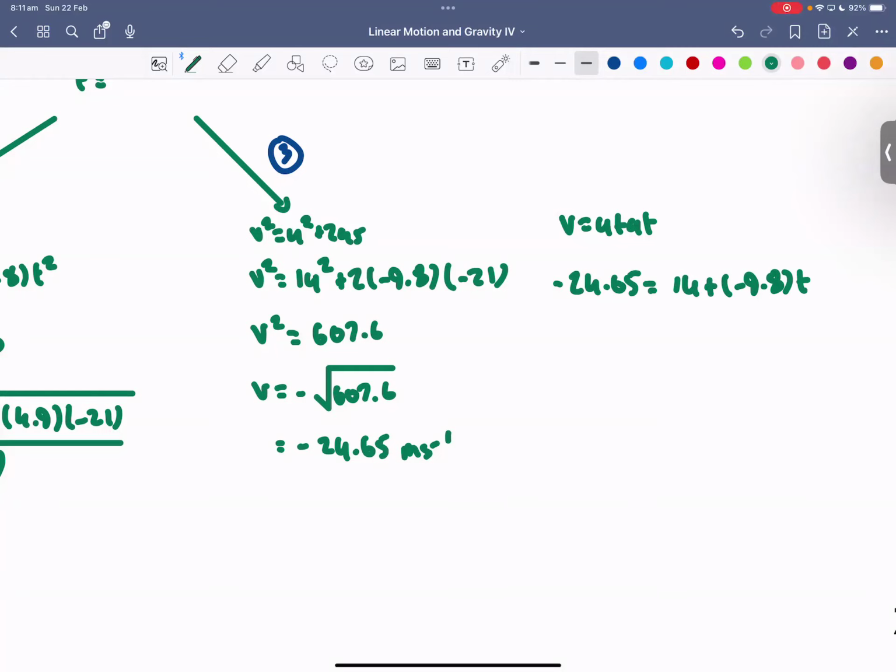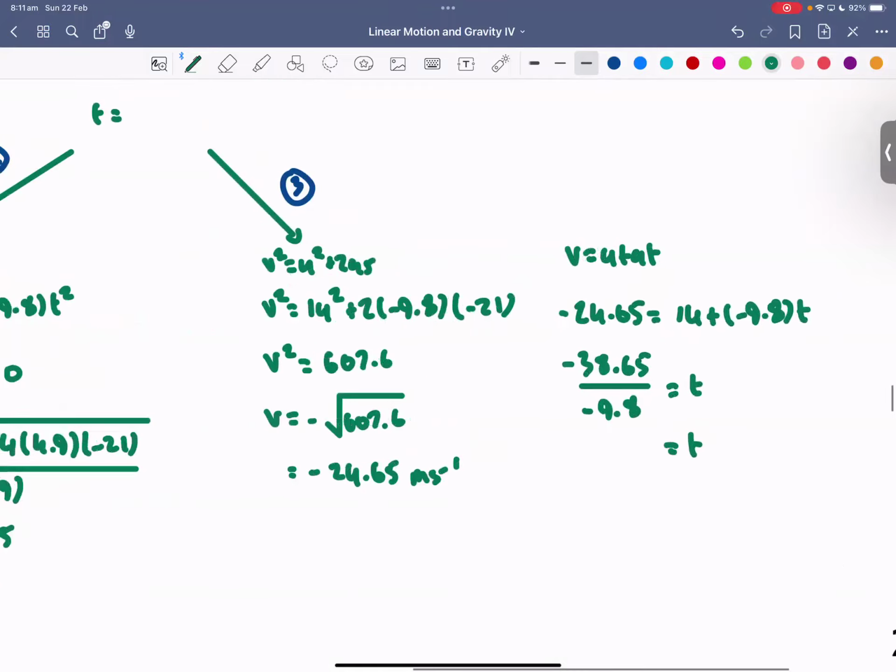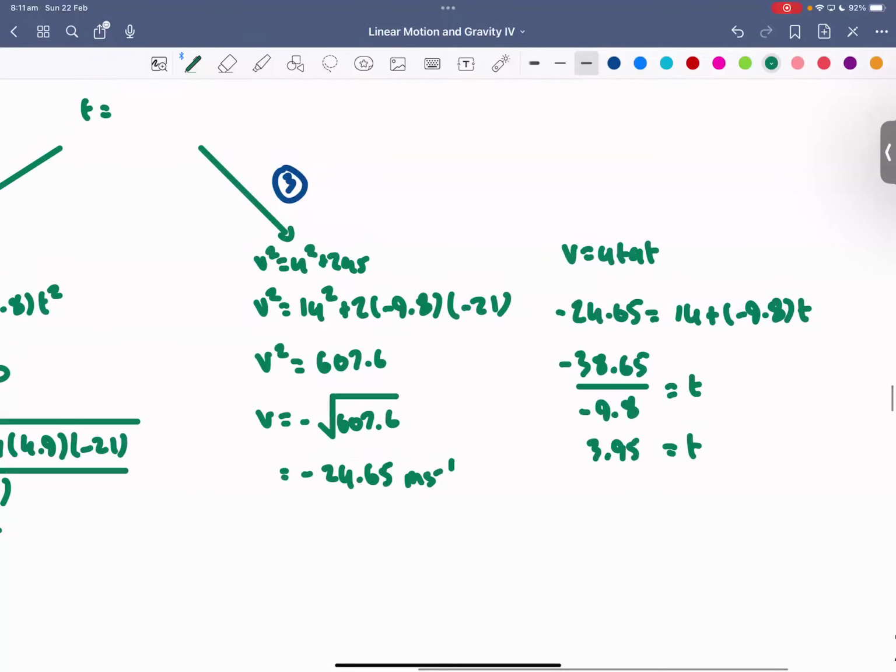Bring the 14 across, so that would be minus 38.65. Divide by minus 9.8. And hopefully, what do you get T is this time? Hopefully everyone's telling me 3.95 again. I hope. 94. All right.